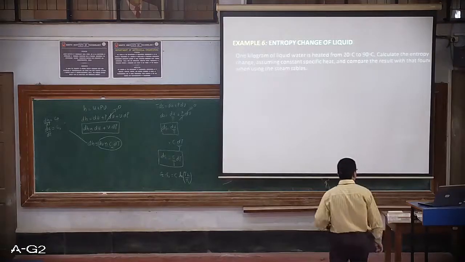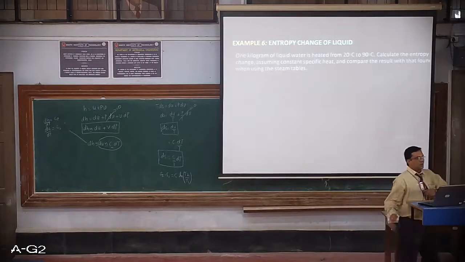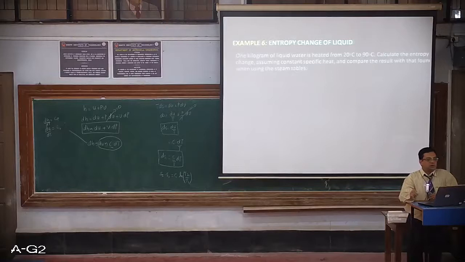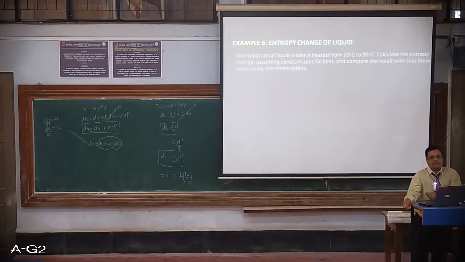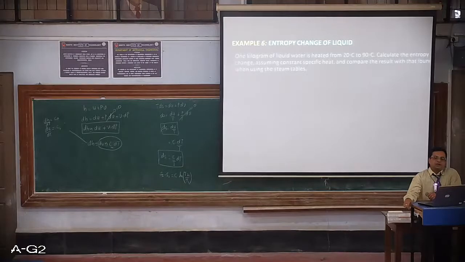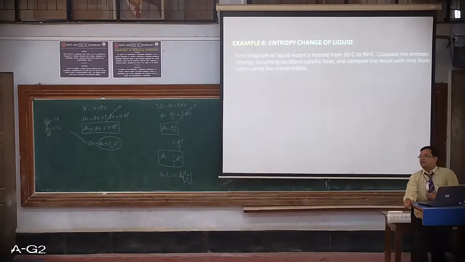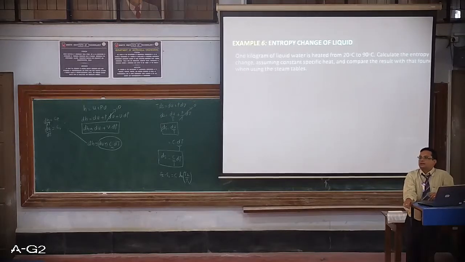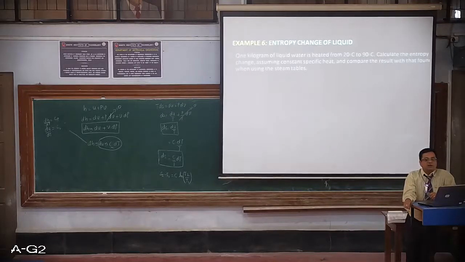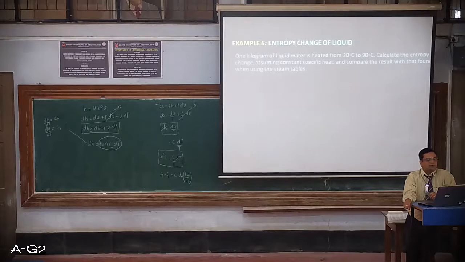I'll read the statement. 1 kilogram of liquid water is heated from 20 degrees Celsius to 90 degrees Celsius. Calculate the entropy change assuming constant specific heat. This is important. Assuming constant specific heat, and compare the results with that found using the steam tables.